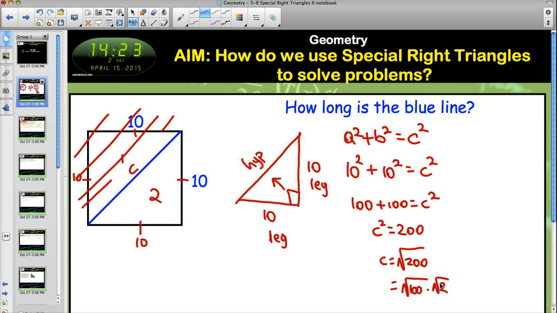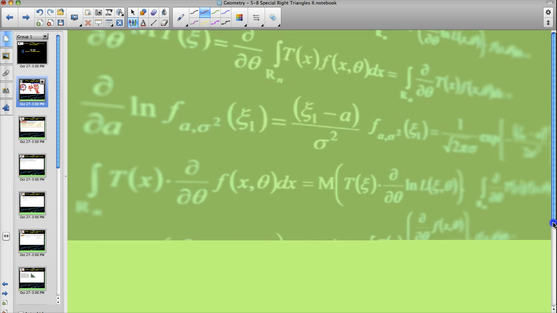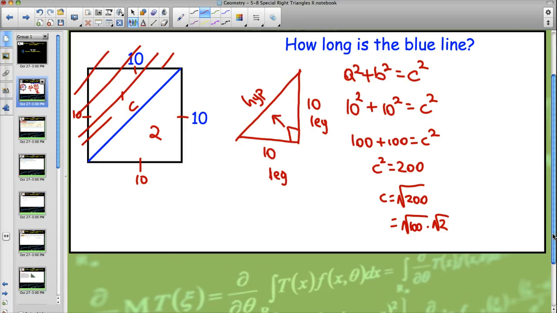The square root of 100 times the square root of 2 is the same as the square root of 200. Now, the square root of 100 simplifies into the whole number 10, so my answer will be 10 radical 2. Special right triangles allow us to take a shortcut, so we could skip from the problem directly to the answer without having to go through the Pythagorean theorem.